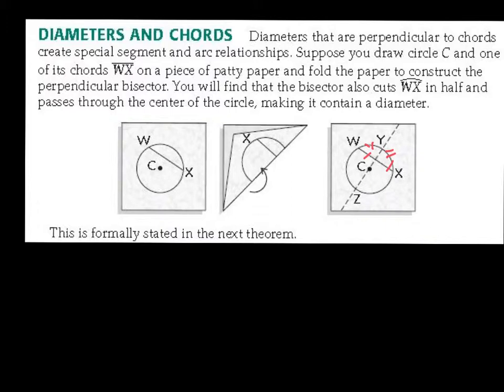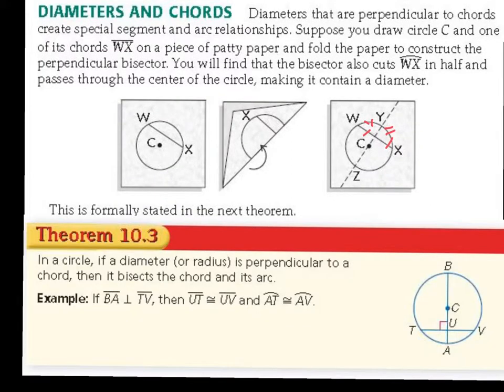This is formally stated in the next theorem. In a circle, if a diameter or radius is perpendicular to a chord, then it bisects the chord and its arcs. So if BT is perpendicular to UV, then UT is congruent to UV, and arc AT is congruent to arc AV.